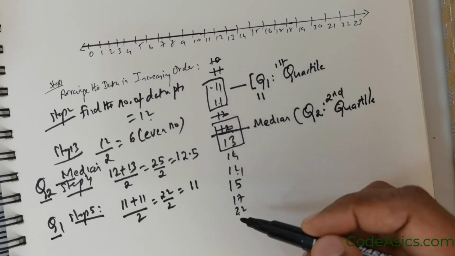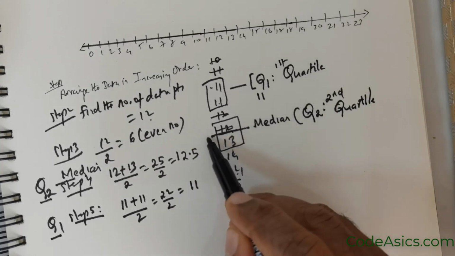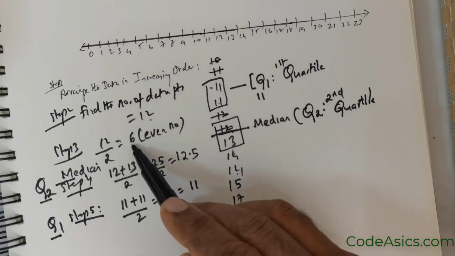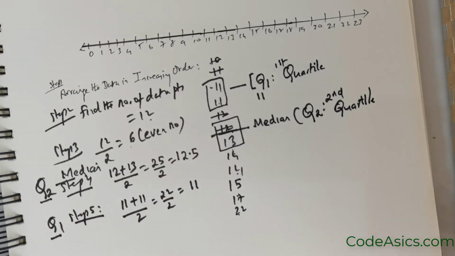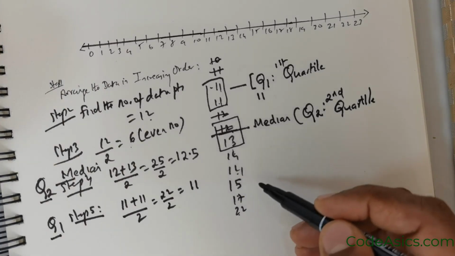Now go below this line. If you remember, I had mentioned to you that you need to draw this line where you're able to locate the value after dividing the number of data points by 2. Now you go below that line and you will find a sequence of data points. Now you need to find a median for this.